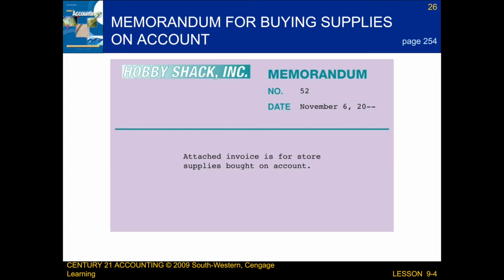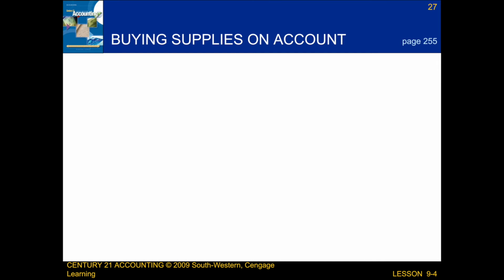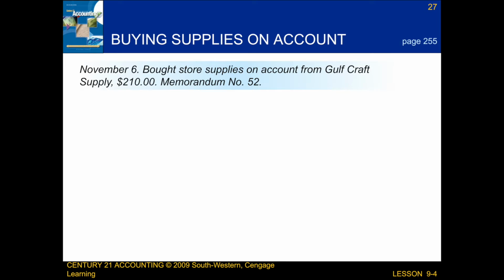It also says down here that the attached invoice is for store supplies, but on account. Okay, next we're going to be talking about buying supplies on account. This transaction reads, on November 6th, bought store supplies on account from Gulf Craft Supply, $210, memorandum number 52.